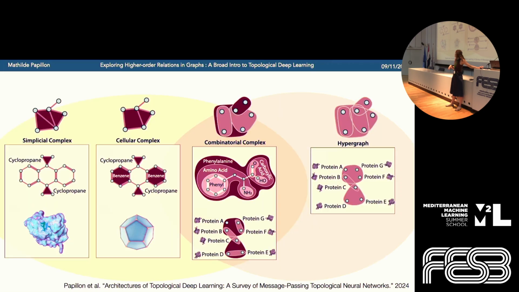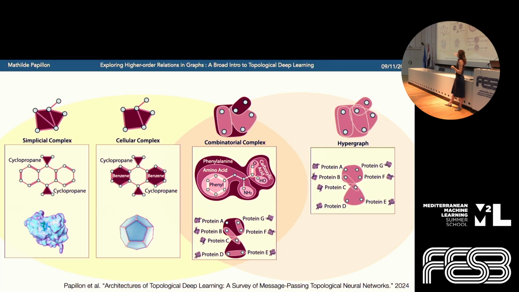But to keep things simple, let's just look at real-world applications of what they look like. In the part-whole case, we're really talking about geometric relationships. So in a molecule, you would have the faces of the molecule colored in as features of the molecule. So you no longer only have nodes and edges, you also have rings, such as cyclopropane, which is an inherently important feature of your data.